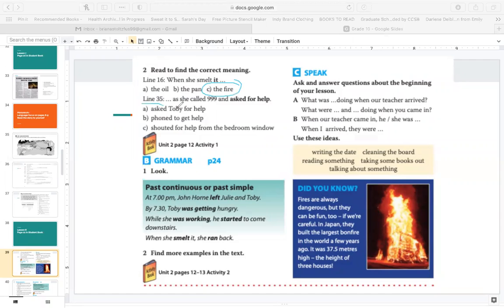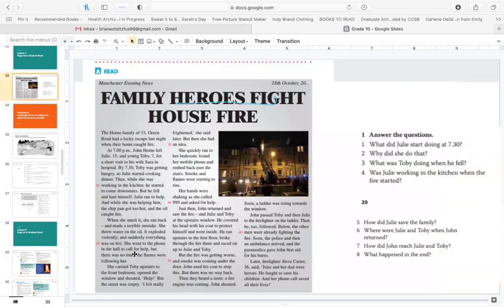Now in line 35, as she called 999 and asked for help. Who was she asking for help? Take a look at line 35. Here it says, her hands were shaking as she called 999 and asked for help.